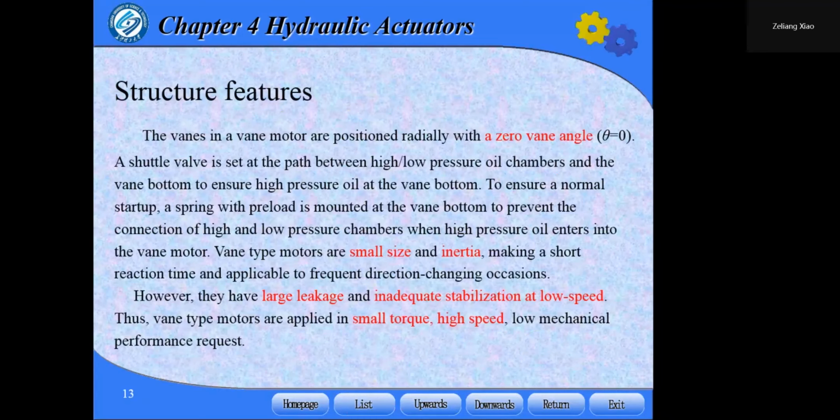A ring with the preload spring is mounted at the vane bottom to prevent the connection of the high and low pressure chambers while high pressure oil enters the vane motor.